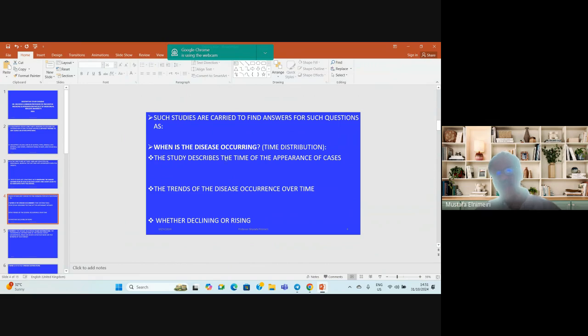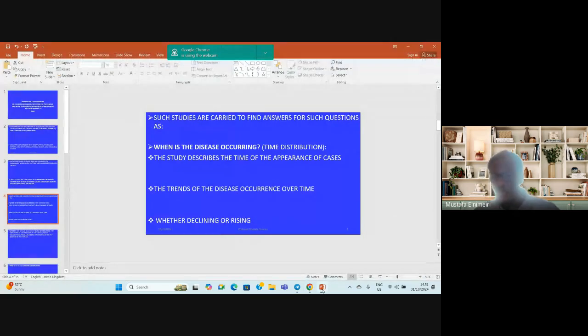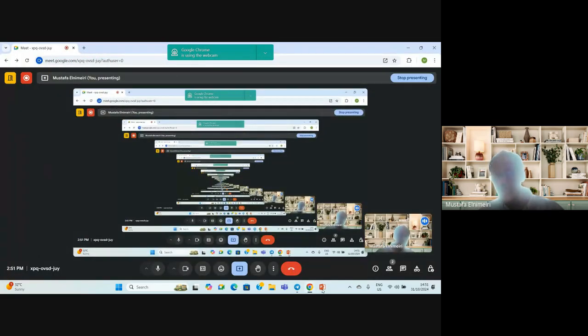Such studies are carried out to find answers for questions like when is the disease occurring? In other words, what is the time distribution of the disease? And here, the study describes the time of the appearance of cases and when they were first diagnosed.